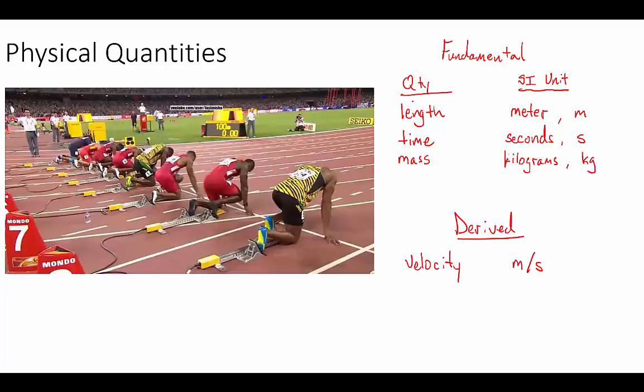And then there's one other fundamental that we'll talk about, and that's electrical current. But that won't be till second semester, so you'll forget about it by then. It's measured in amperes or amps, and we just use a capital A for that. Anyway, these are the ones you need to know: length, time, and mass, in meters, seconds, and kilograms.